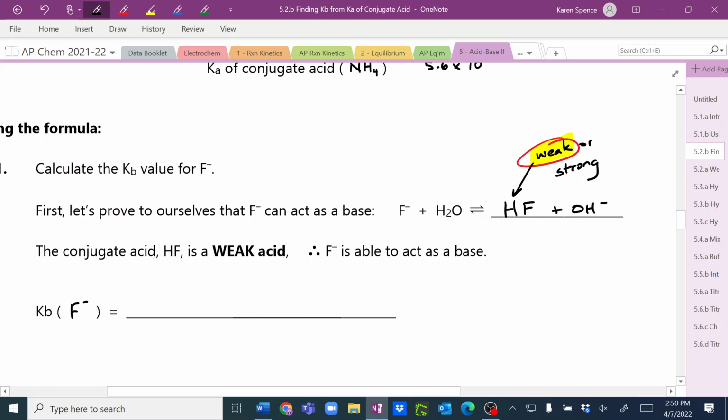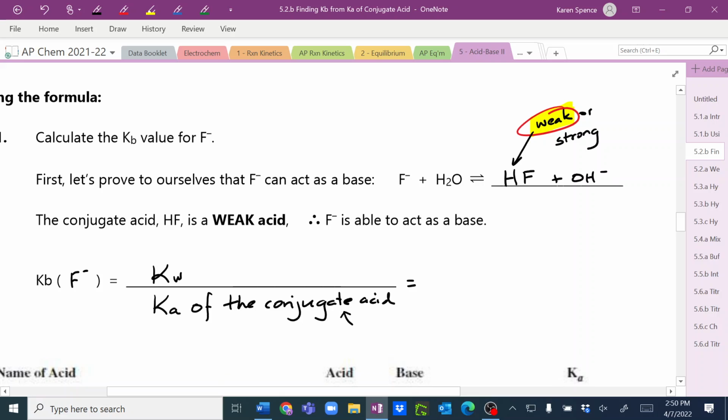So what would we write as our formula? Kb equals Kw over Ka, and we're going to abbreviate this shortly, but for now we're going to write of the conjugate acid. Who is the conjugate acid in this case? HF.